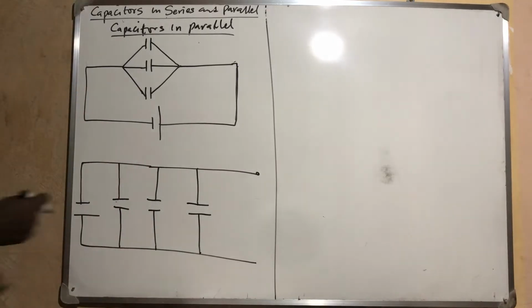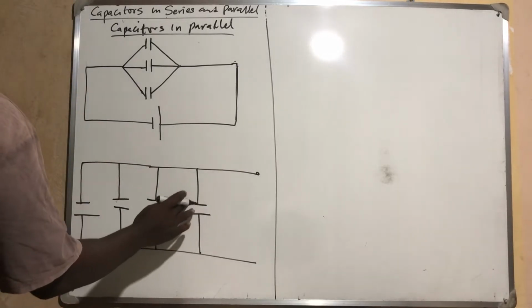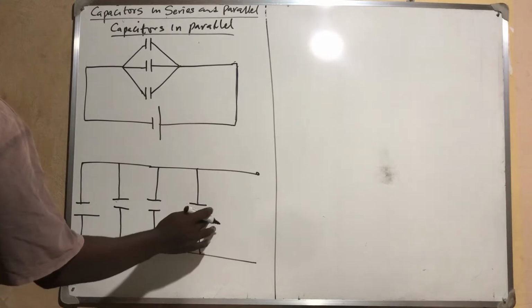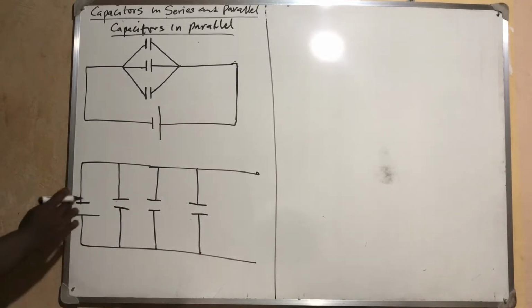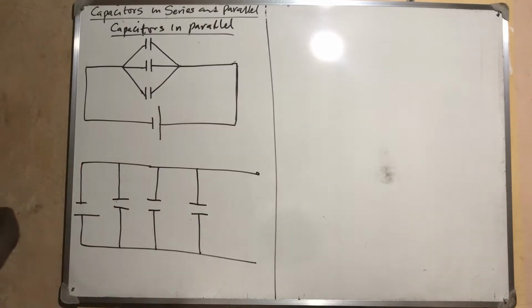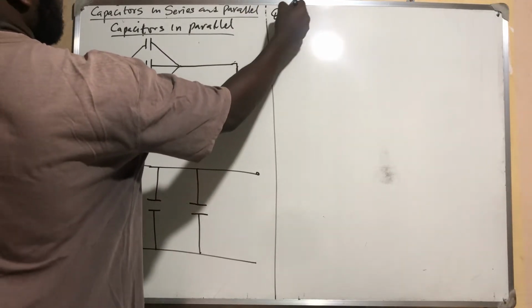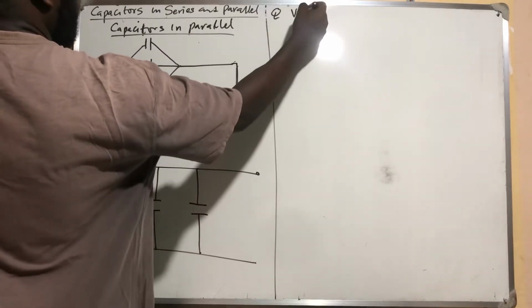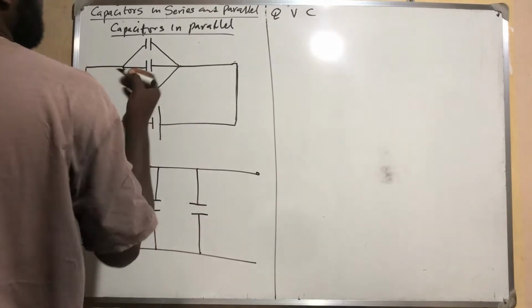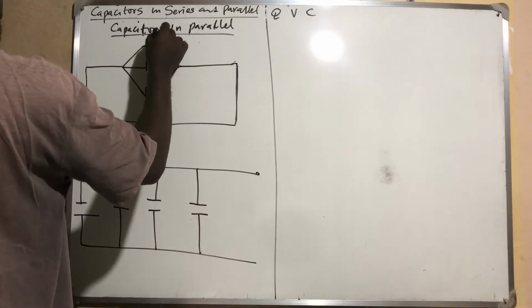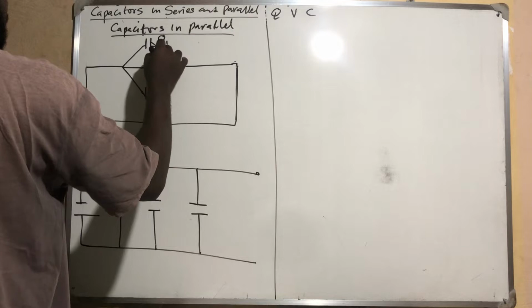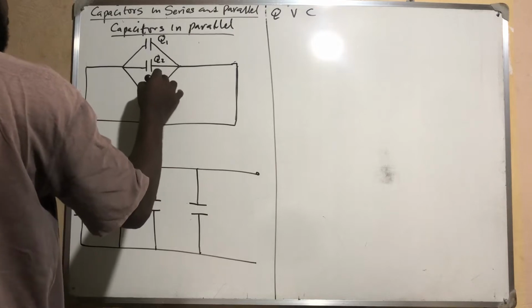Please notice, in drawing your own capacitor, don't mind my own. These lines must be equal to show that it's a capacitor, but for a battery, one must be bigger than the other one. So there are three things for a capacitor: the charge, the potential difference, and the capacitance. For this one, the charge is Q1, the charge here is Q2, and charge here is Q3.